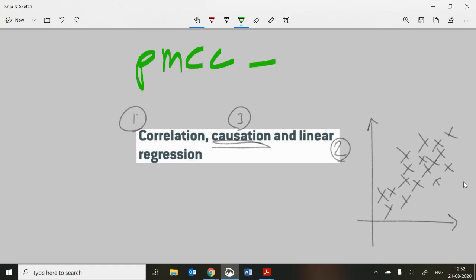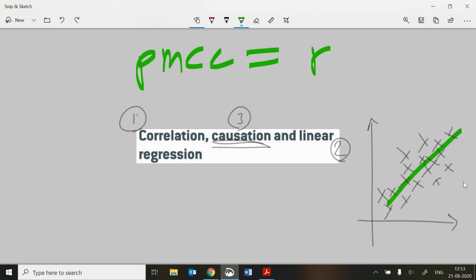This gives you a value which we call r. You'll see on your calculator that you also get r squared. I'm not going to go into too much detail there, but r squared is often used for nonlinear relationships, and if we're talking about linear relationships, we'll be talking about the Pmcc being equal to r. So this is our correlation coefficient.